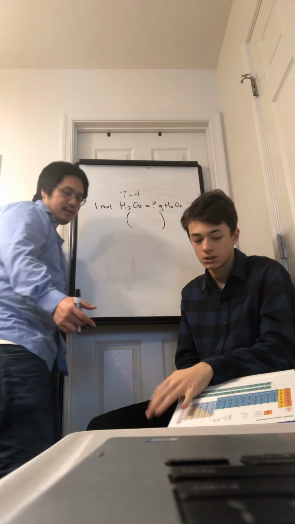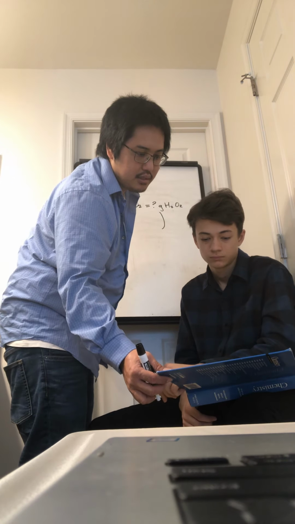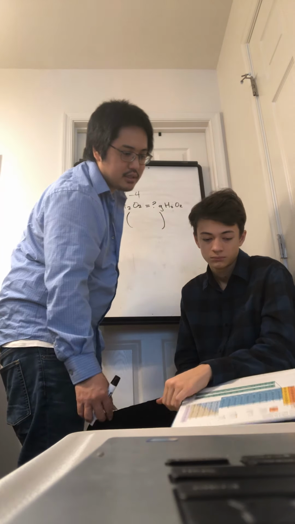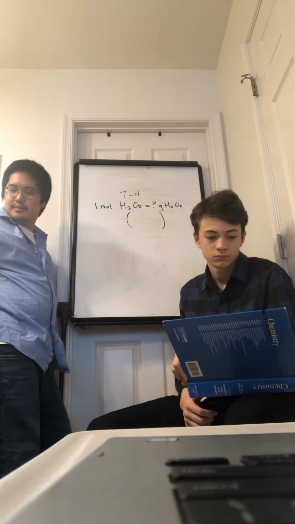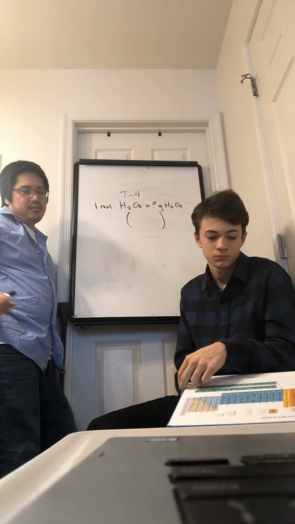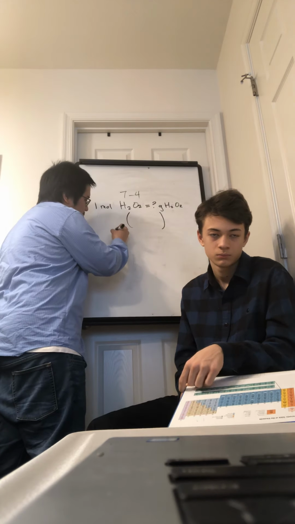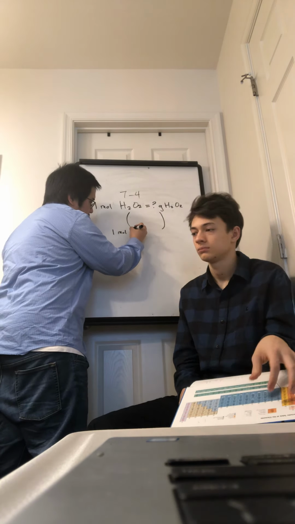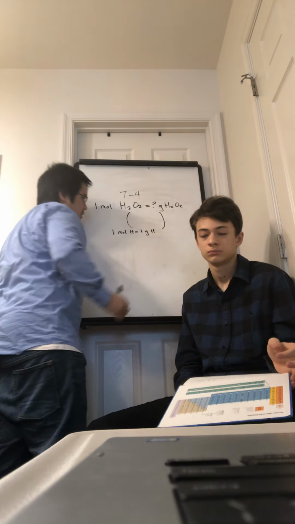And it's basically saying if we gathered together 1 mole of hydrogen, it would weigh 1 gram. I think it's grams. Yeah, grams. So if we gathered 1 mole of hydrogen, it would be 1 gram of hydrogen. Cool?